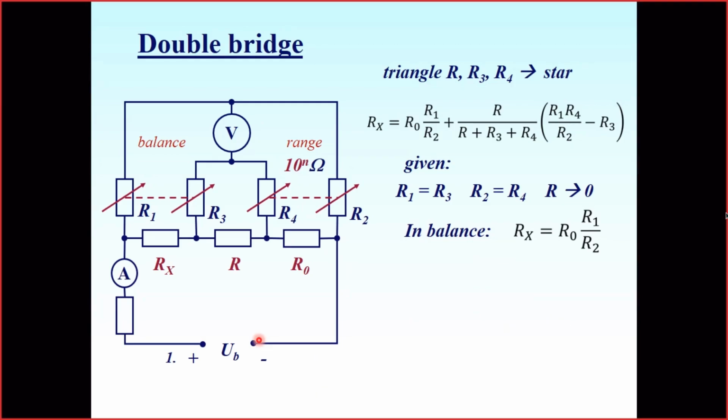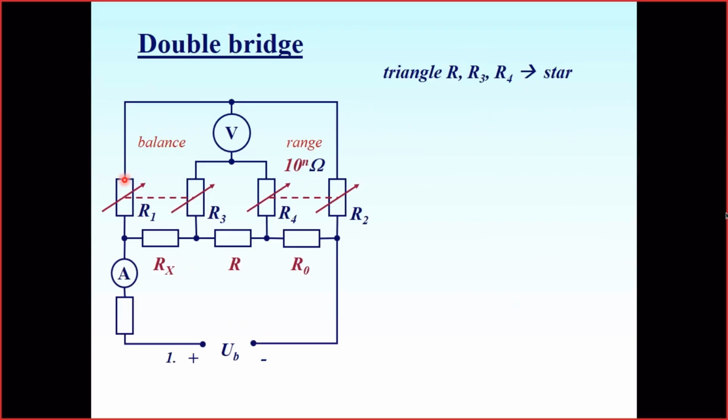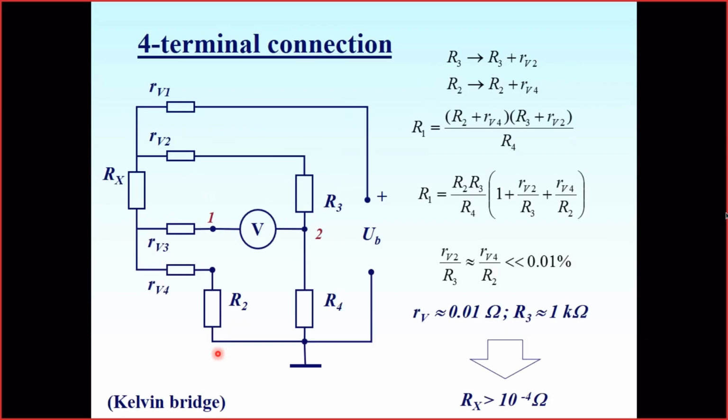Generally, if our Kelvin bridge, for instance, contains different materials, the thermoelectromotive force may be a source of error in usual bridges too. So for the Kelvin bridge, sometimes, at least at the stage of development, it's quite useful to check whether the measurement results differ if we change the polarity.